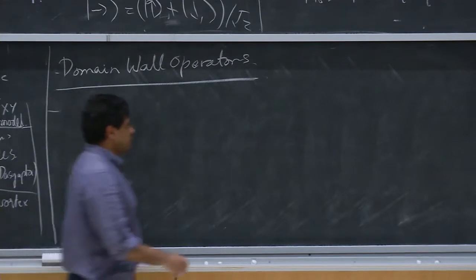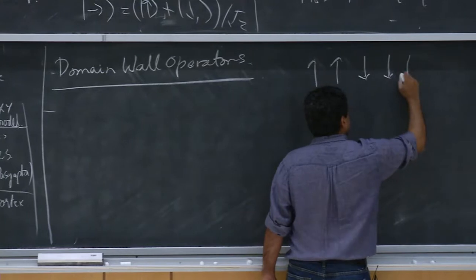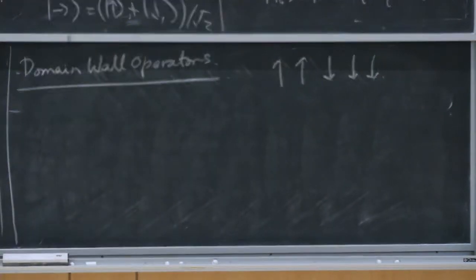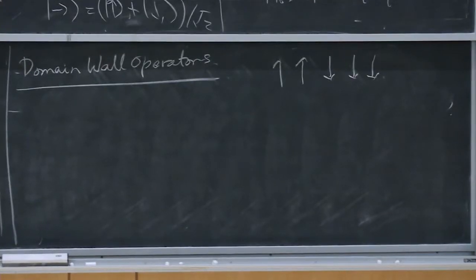I have domain walls. Let's say I have all spins up and I have all these spins down. I want an operator that measures these domain walls, where I have a domain wall. Any suggestion for this?